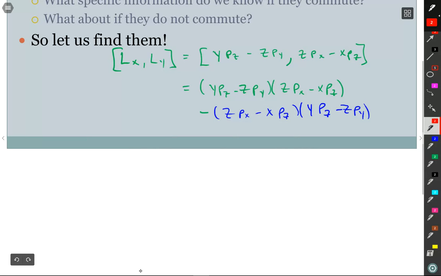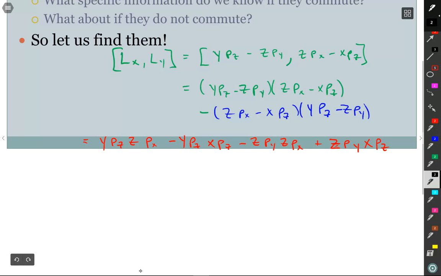But we're not even halfway in. It's good to know. So now, multiplying through: y pz z px, minus y pz x pz, minus z py z px, plus z py x pz. That's what was green in the first one.